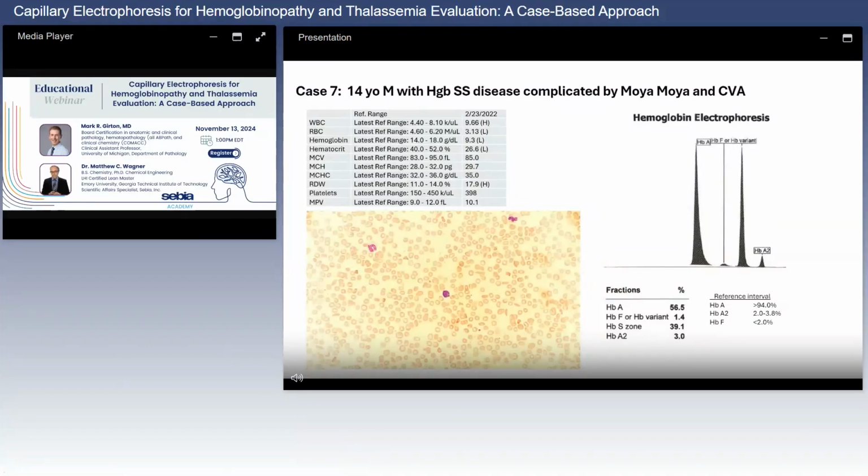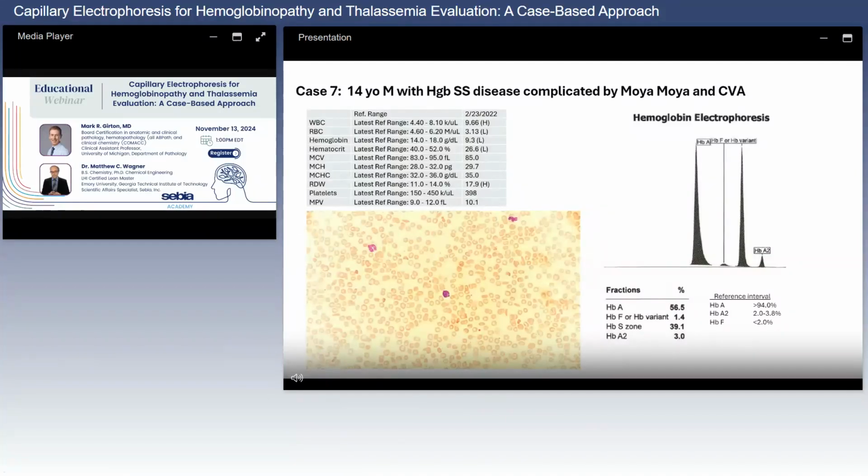So this patient with reported hemoglobin SS disease and the electrophoregram on the right, we see, interestingly, 4 different peaks. Hemoglobin A at about 56.5%, a small hemoglobin F peak at 1.4%, hemoglobin S 39.1, and then an A2 of 3% in the normal reference interval there.